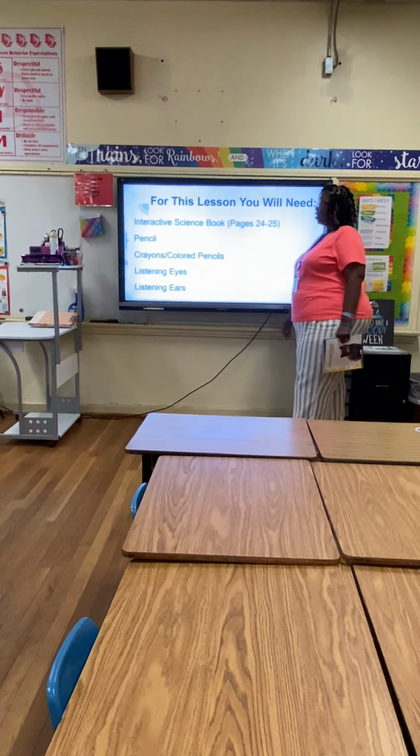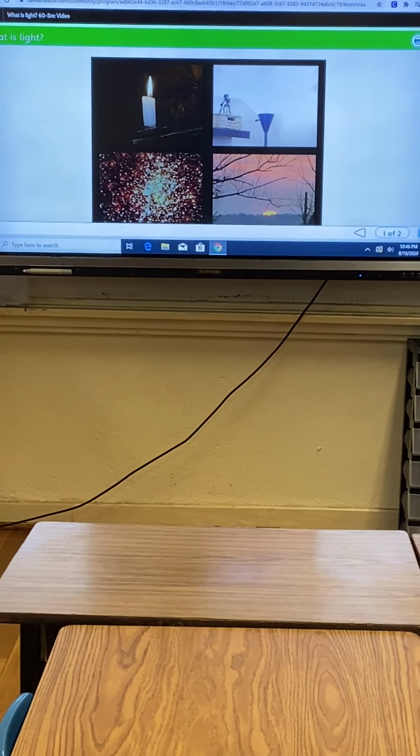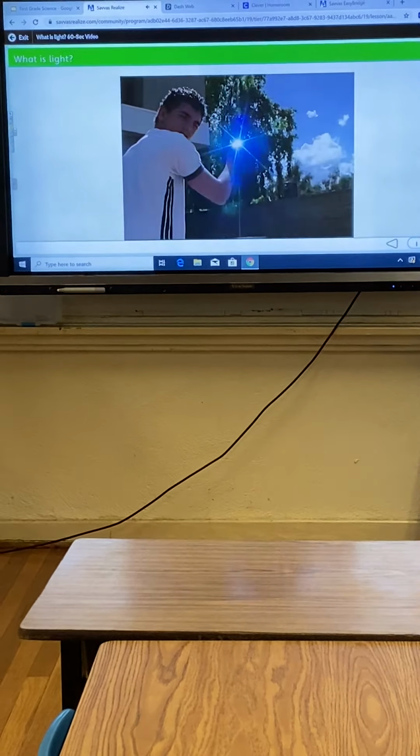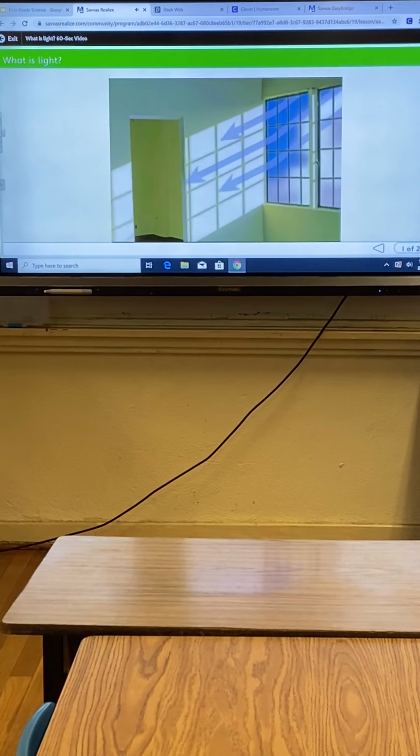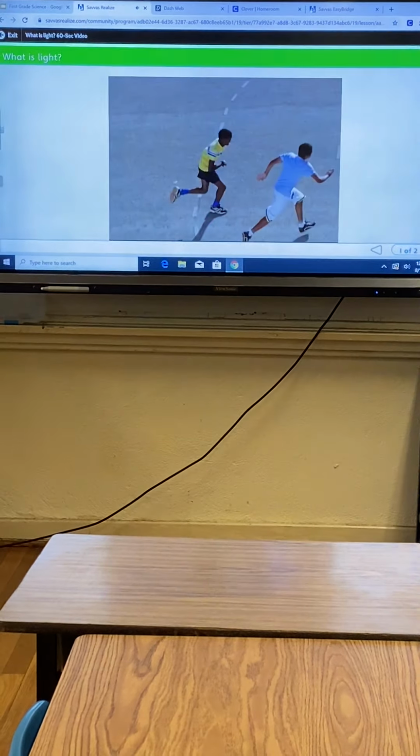What do you see when you look at candles, lamps, stars, and the sun? You see light. Light is a kind of energy that we can see. Light can pass through some objects, but not others. Light can pass through a window or a thin piece of paper, but light will not pass through you. When you're outside on a sunny day, do you ever notice your shadow?